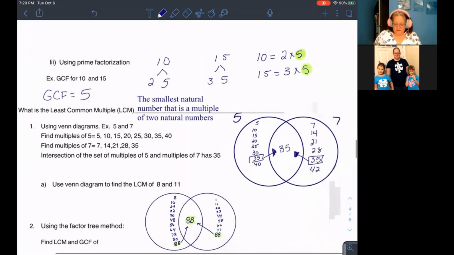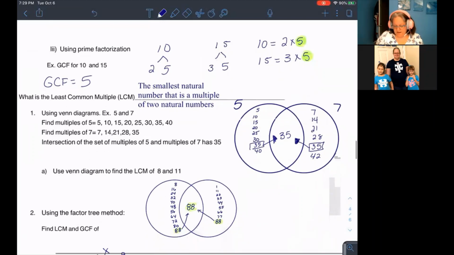Okay, so we're using prime factorization to find the greatest common factor. Like I said before, the prime factorization is a number broken down into the prime factors that make it up. For 10, we have 2 and 5, because both 5 and 2 are prime.